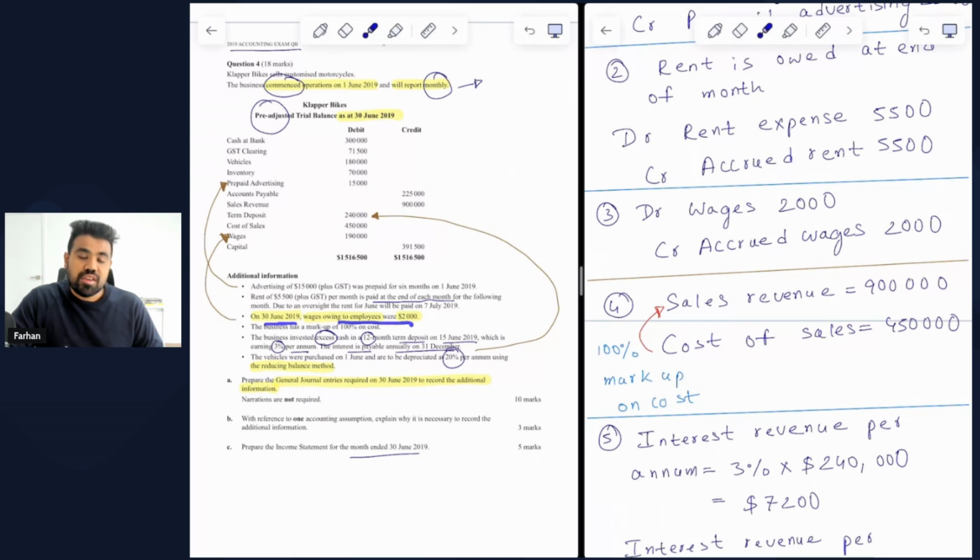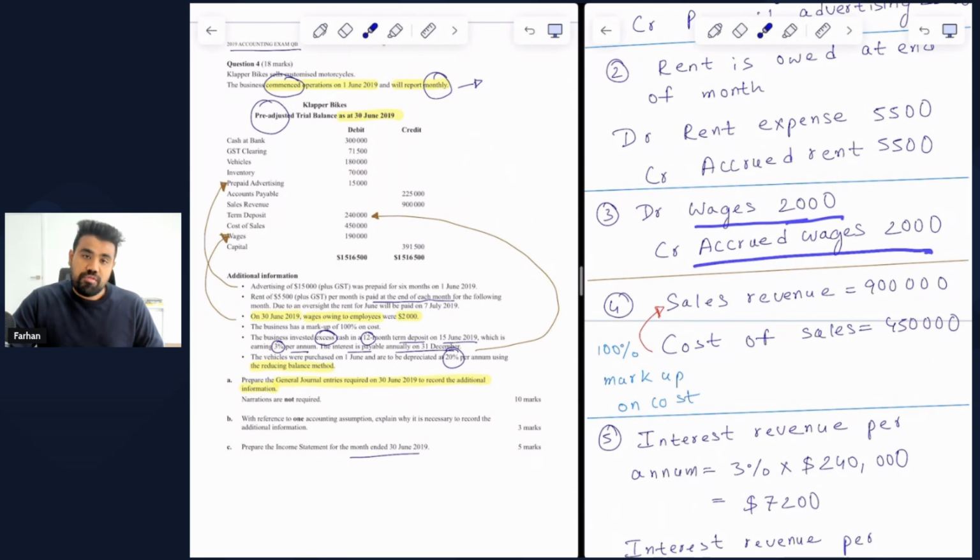Wages is an expense because it is a cost that the business has already incurred for the month ending 30 June 2019. Given that all expenses are debited, we have to debit wages by $2,000. And we are crediting accrued wages by $2,000 to reflect an increase in the current liabilities of the business, or a present obligation because of the services it has consumed.